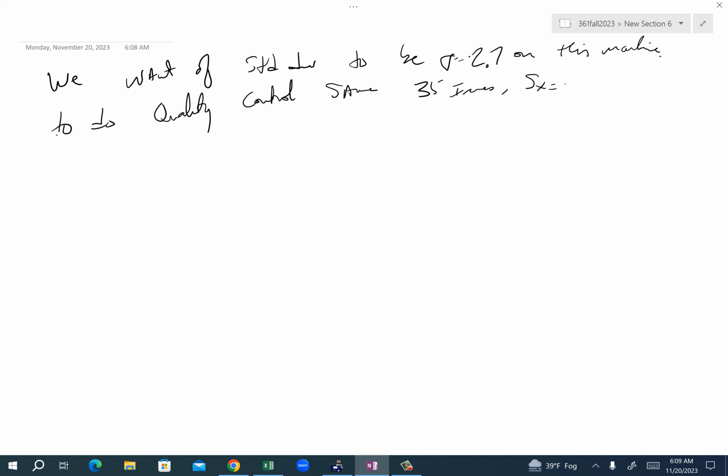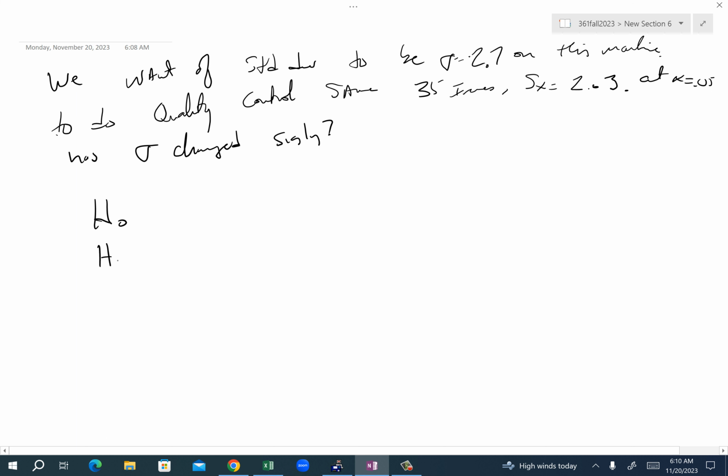Sx is 2.3. At alpha equal 0.05, has sigma changed significantly? I don't know. Let's find out. Two-tailed test, again, quality control. You're doing this versus this. Two-tailed test. Let's go.